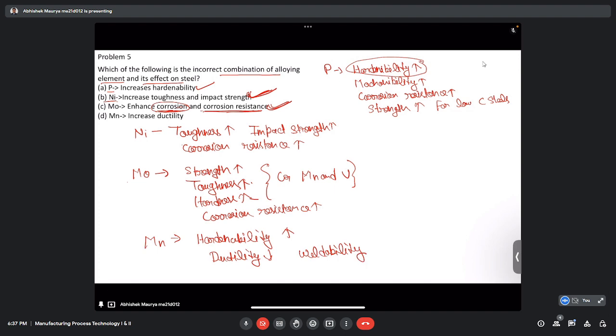Mostly, whenever either hardness or strength of any material increases, at the same time we lose ductility. But here it has been given that addition of manganese will increase the ductility of the steel. So it is not a correct option, since we have to find the incorrect combination. So this is the right answer for this question.